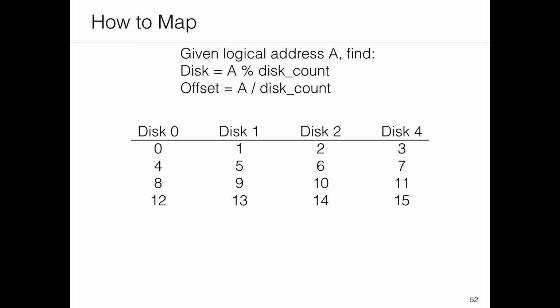And the offset, which is how many rows we go down inside a particular disk, is going to be A divided by disk count. Seems fairly simple, right? This is one way to look at static mapping in RAID, compared to the dynamic mapping we were using in page tables.